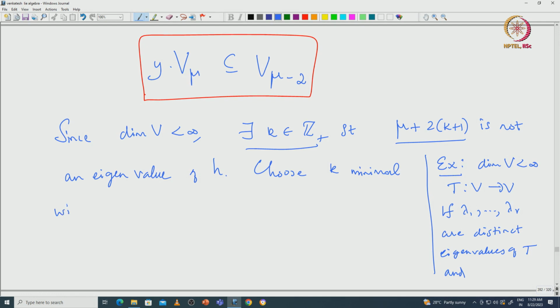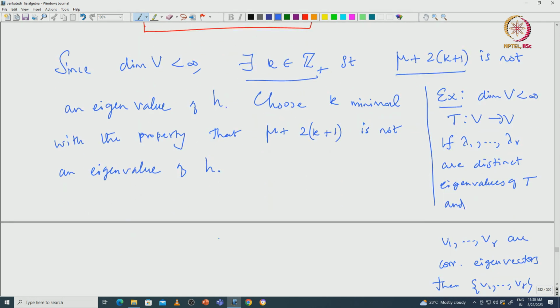So, choose k minimal with the property that mu plus 2k plus 1 is not an eigenvalue of H. So, what does it mean?